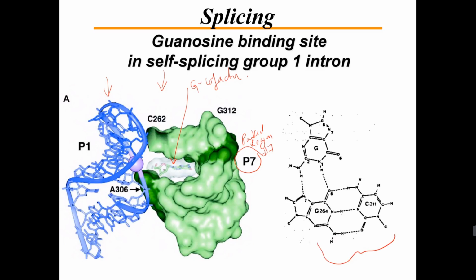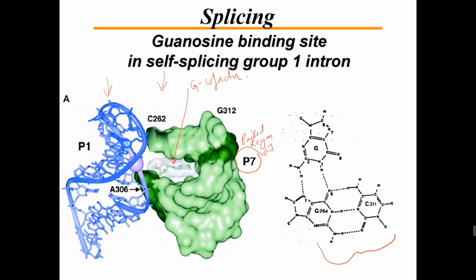Okay, and we know this because site-directed mutagenesis of this site, and specifically the CG or Watson-Crick base pair, has destroyed splicing activity. Okay, and again, the binding of the G cofactor to Tetrahymena is saturable.